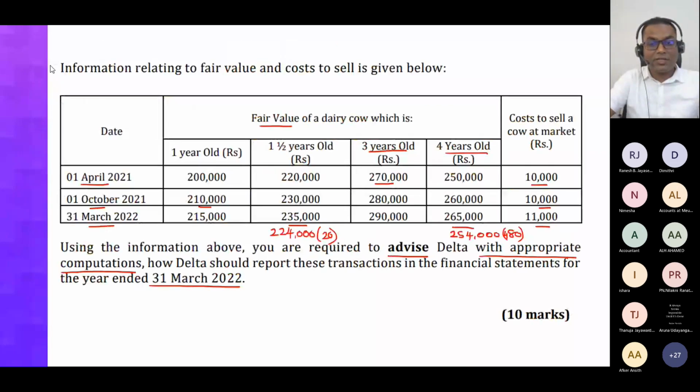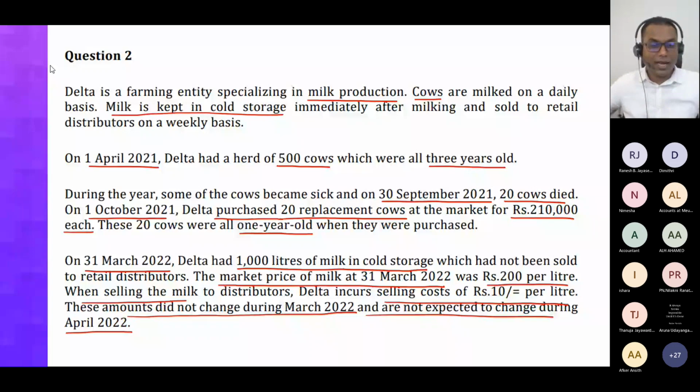Now we discussed about the cows, but if you look at the year end, 31st March 2022, Delta had actually 1,000 liters of milk in cold storage. That is not yet sold to the distributors. Market price of milk at 31st March 2022, 200 rupees per liter. And what is the selling cost per liter? 10 rupees per liter.